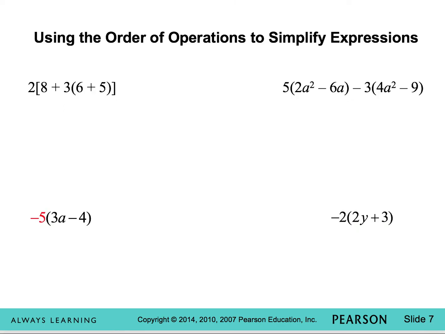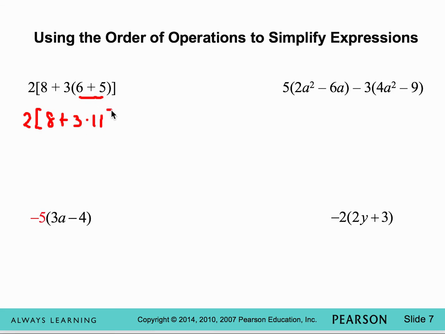For example, here, where now I know that this side goes with this, right? Okay, and then these two go together. So I got to do inside parentheses first. And if I have parentheses inside parentheses, I got to do the innermost ones first. So everything else is going to stay the same. 8 plus 3, but 6 plus 5, I can do that.